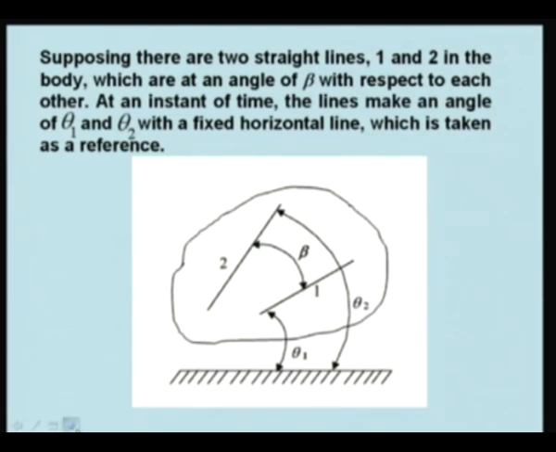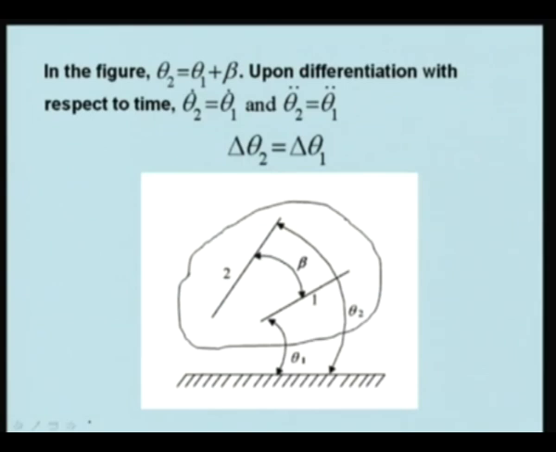Now, in the figure, theta 2 is equal to theta 1 plus beta, because beta is the angle between them. Upon differentiation with respect to time, theta 2 dot is equal to theta 1 dot, because angle beta is a constant. In a rigid body, the angle between this line and this line is not going to change, otherwise the body is deforming.